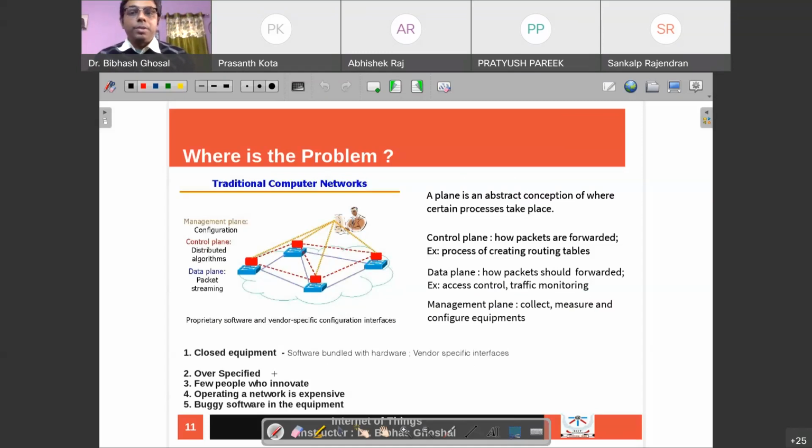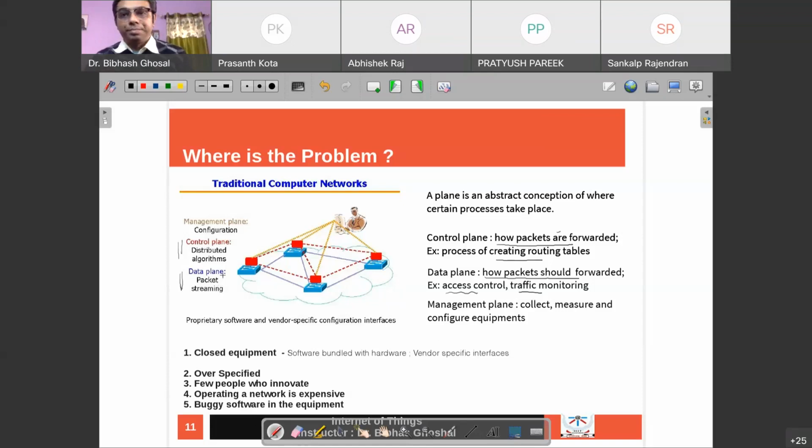The first, which is called the control plane, is all about the algorithm that decides how the packets will be forwarded, like creating the routing tables, etc. So the algorithm behind transmission of the data. The second is the data plane, which involves how packets should be forwarded, here it should be forwarded. We talk about access control, traffic monitoring. So it's all about packet streaming.